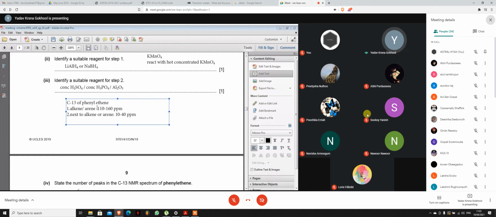next to alkene or arene. So if I have an alkene or arene, I will have next to alkene or arene. If I have a carboxyl or a carbonyl, I will have next to carboxyl or carbonyl. You can see carboxyl is 160 to 185 and carbonyl is 190 to 220. Then above we have 25 to 50. If we have nitrogen, the carbon next to the nitrogen.